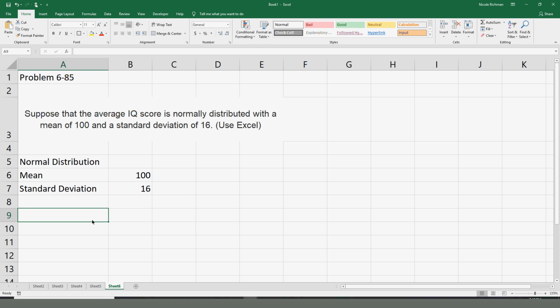And now we want to find out what's the probability that X will be less than 80, the probability that X will be greater than 125, and what is the probability that they will be in the top 2.5%.